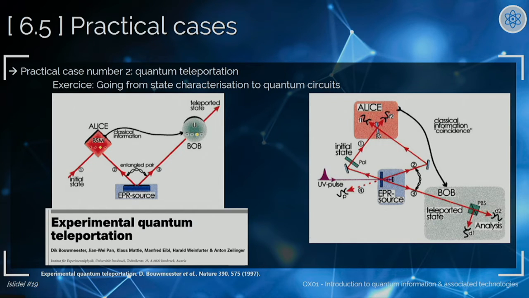So there are various ways of doing teleportation. It's not an easy operation because you need 3 qubits: you need an entangled pair of qubits, and you need your initial state to teleport. But it can be done, and it has been done in many systems.